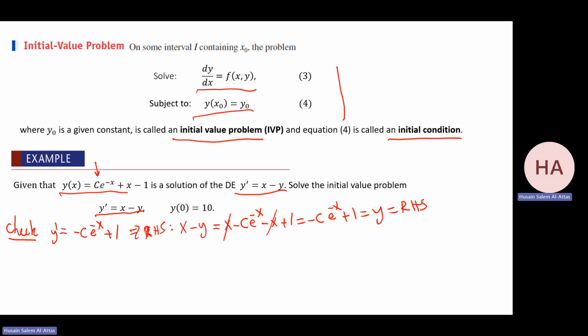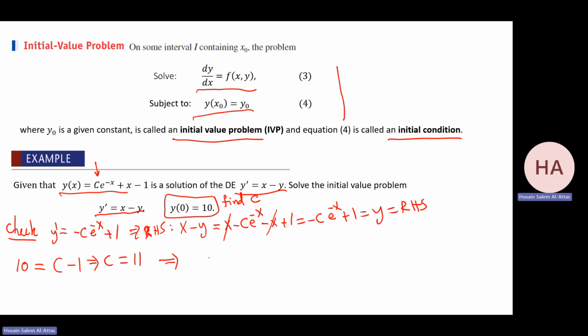Now, if I want to solve the initial value problem, I need the condition to find c. Substitute x equals 0. I have e to the power 0, which gives me c minus 1. So c equals what? 1 plus 1, which is 2.